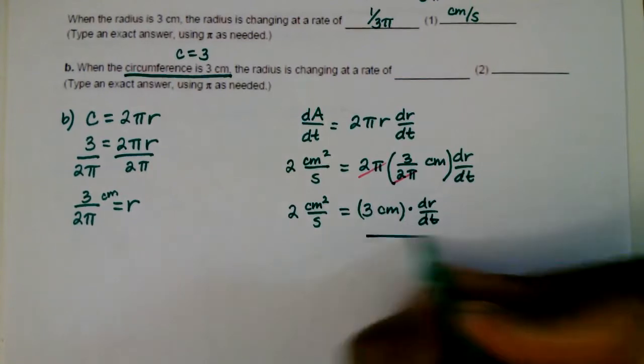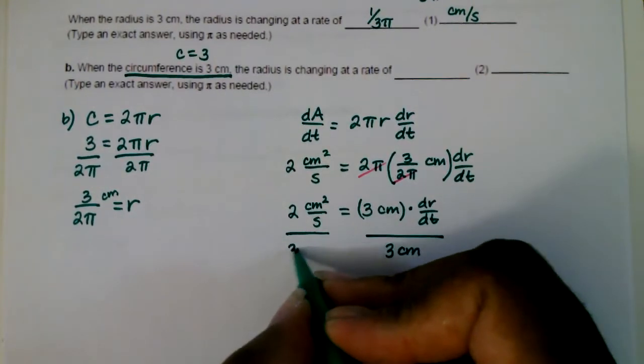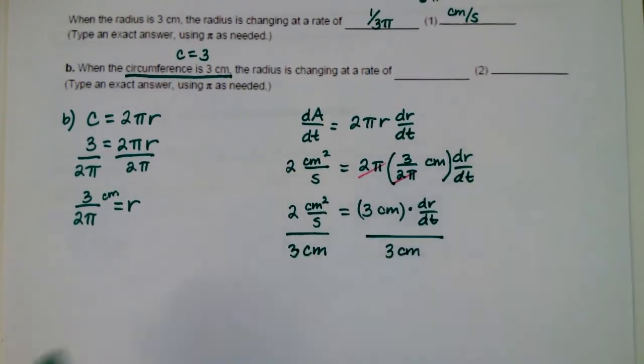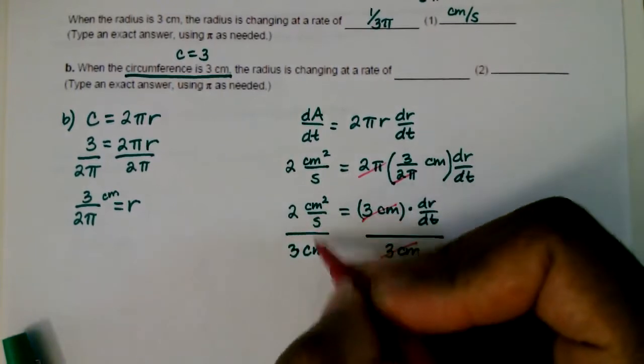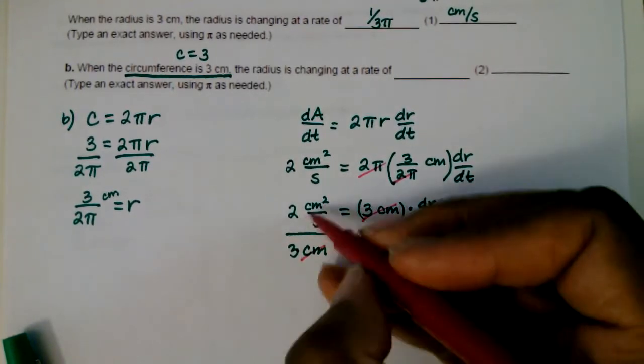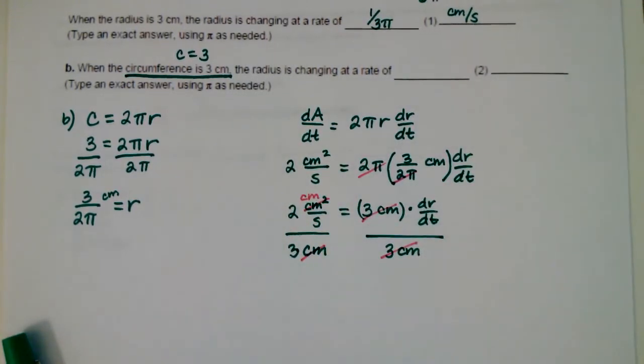And now to get dr/dt by itself, I need to divide both sides by 3 centimeters. In this case, those 3 centimeters divide out here. Now, if I divide the centimeters by centimeters squared, I'm going to be left with a centimeter in the numerator.